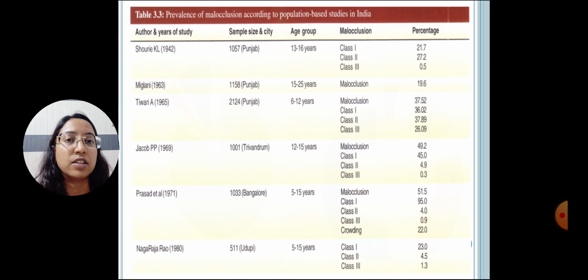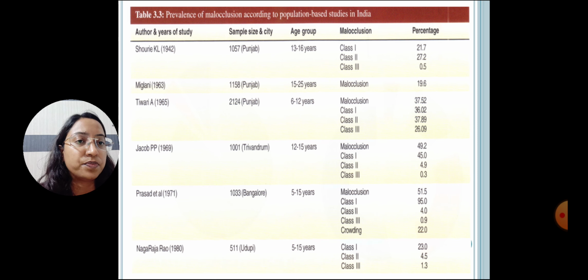Tiwari A in 1965 took a larger sample in the same Punjab region, but the age group was 6 to 12 years, where the malocclusion prevalence was 37.52. Coming to southern part of India, like Trivandrum, Bangalore, ODP, the malocclusion percentage was slightly higher, 49.2, 51.5.